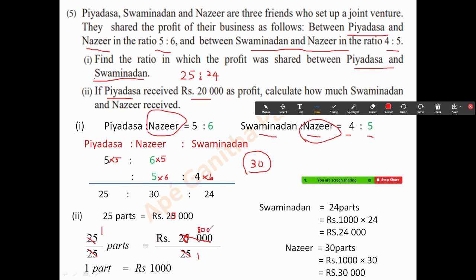Okay, 800. I have to correct that. This should be 800. So 1 part equal 800.